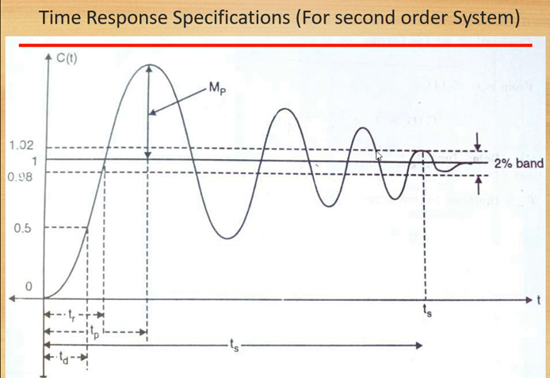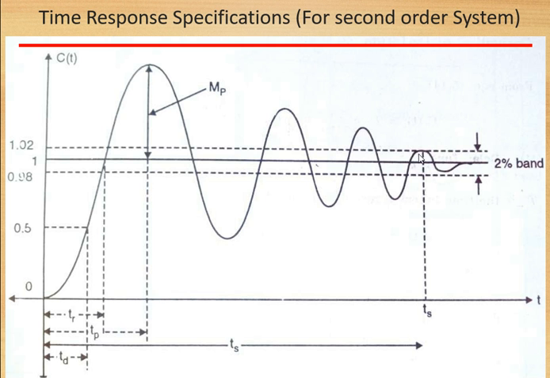Whenever I apply the unit step input, first the output will rise like this, then I get an overshoot or positive peak, then a negative peak, again a positive peak, and again a negative peak. This is called oscillations.